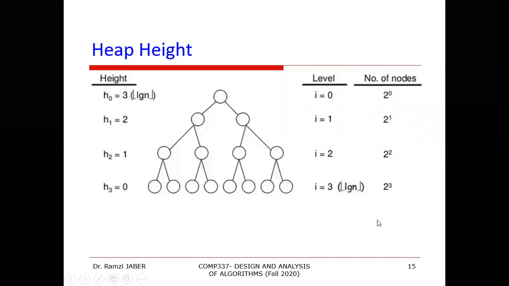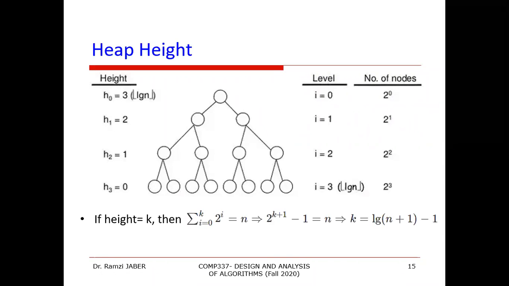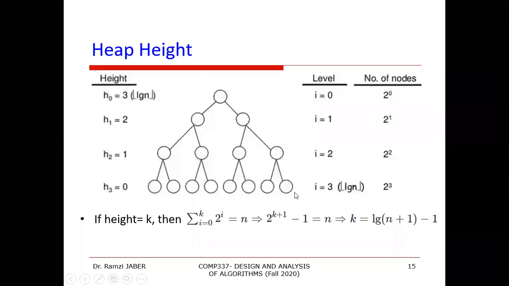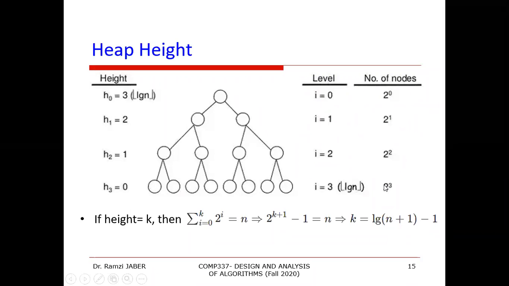Oh, the height, sorry, the height. What is the height? If the height equals k, any number, we sum 2 power 0 plus 2 power 1 plus 2 power 2 plus 2 power 3 up to 2 power k. So the summation of 2 power i, from i equals 0 to k. The sum of all these must be equal to n elements.